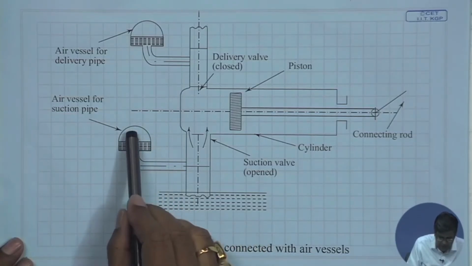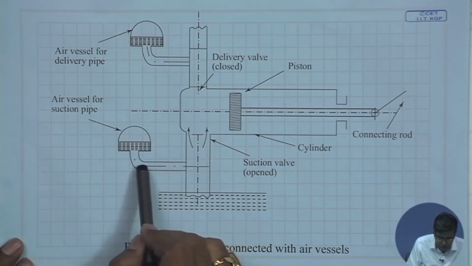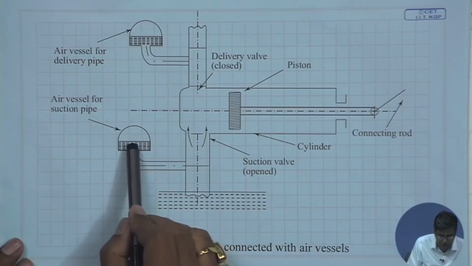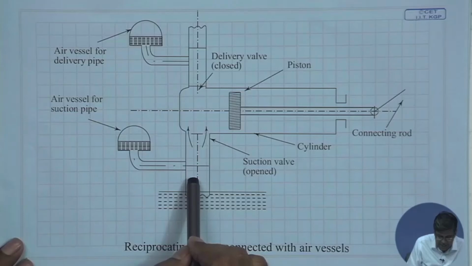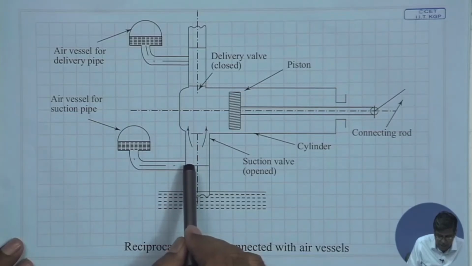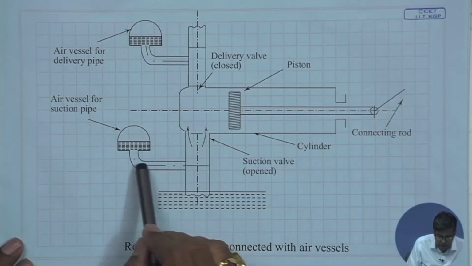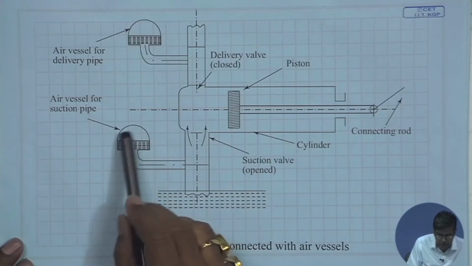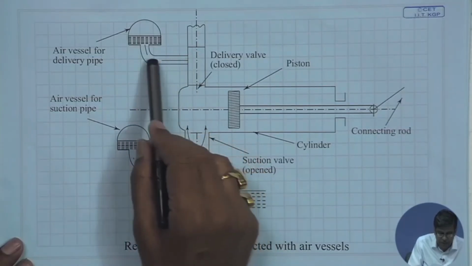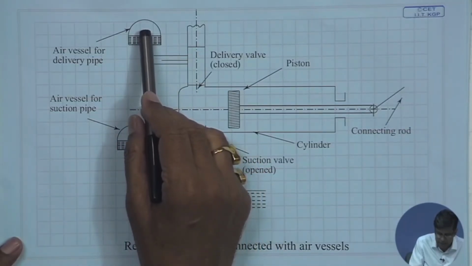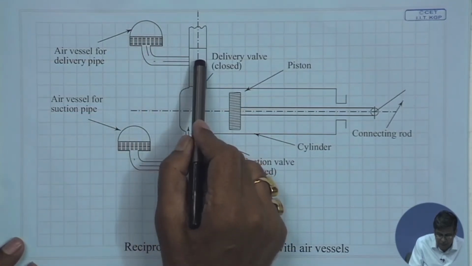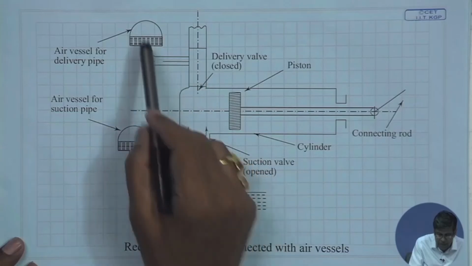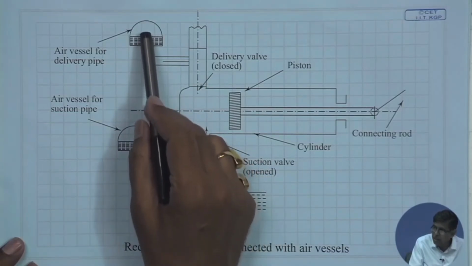Now when the air is compressed by the movement or the inflow of water here, it takes energy. That means when there is excess water in the pipe and it has to be reduced, the water comes here and the air gets compressed. Similar is the function for the delivery pipeline. And when water is required in the pipeline, water will be given by the expansion of the high pressure air.